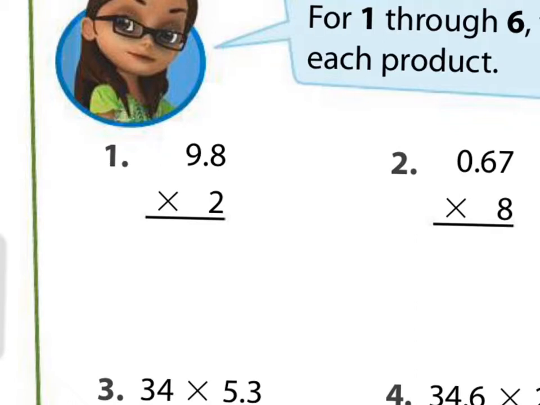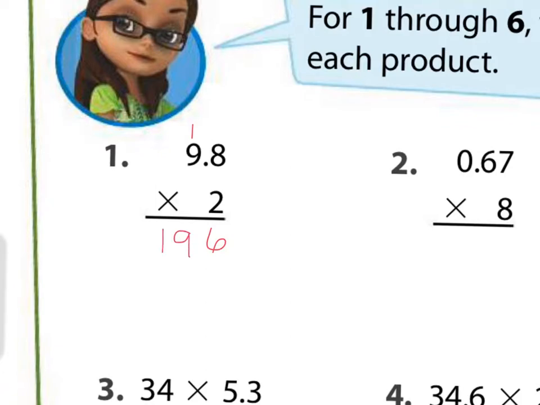So the first thing we're going to do is just multiply like normal. 8 times 2 is 16. Put your 1. Put your 6. Next, 2 times 9, that's 18, plus 1 is 19.